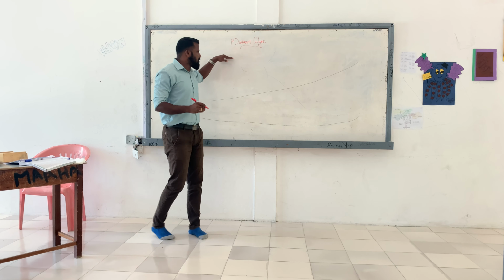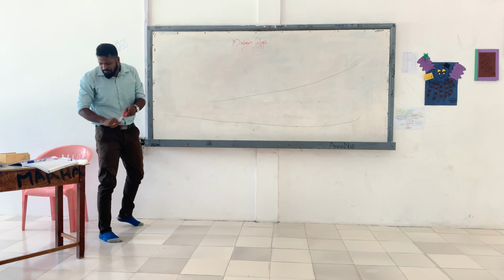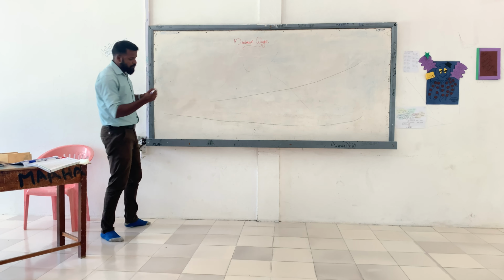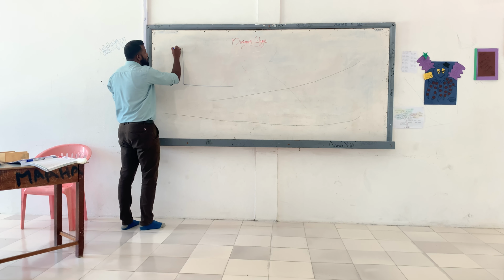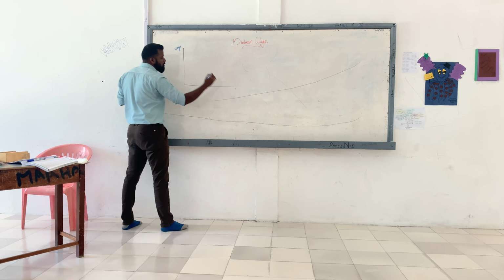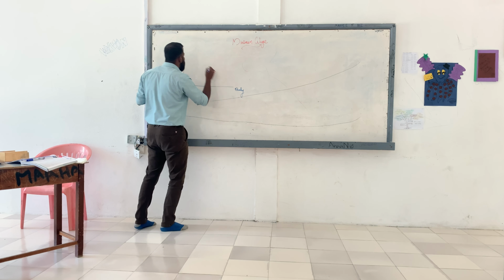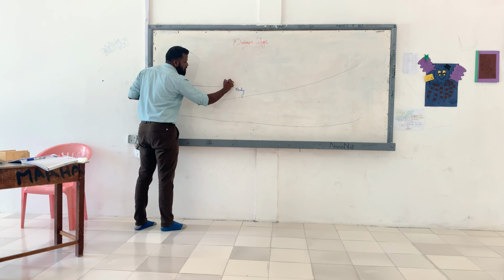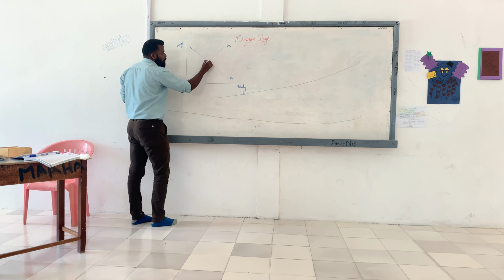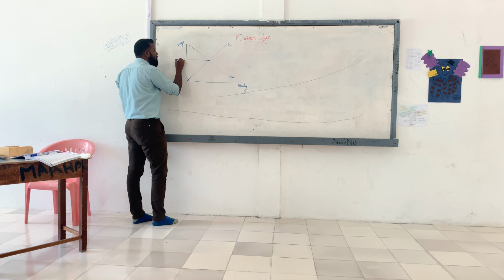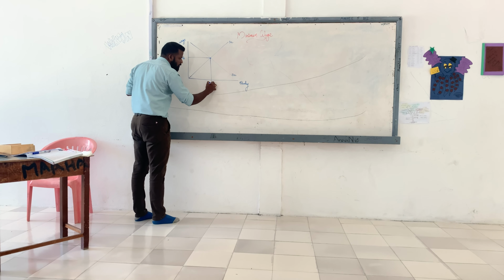This minimum wage rate, when you are drawing the wage rate curve, you already know this is the demand for labor and this is the supply of labor, and we know that this is the equilibrium wage rate and this is the equilibrium point.